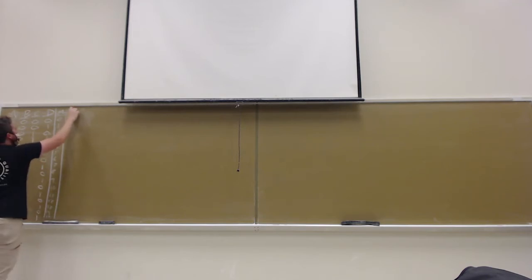And then our function f is going to be 0, 0, 1, 1, 0, 0, 0, 1, 1, 0, 1, 0, 1, 0, 0, 0, all the way down. It's been a long time since we started with the truth table.